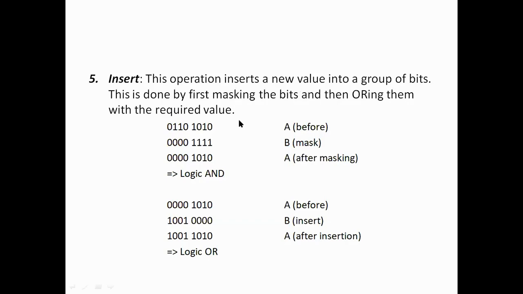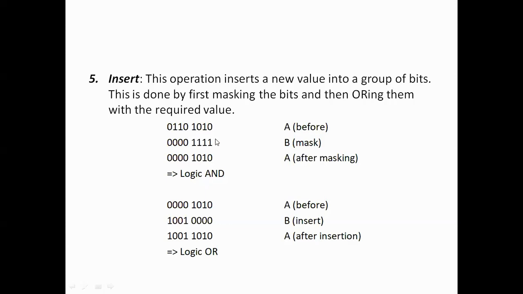Then after making them 0 by masking, we do an OR operation with the thing that we have to insert. So let us say we have a number A, an 8-bit number, and first of all we have to do masking. Let us suppose that the first four bits have to be changed to 1001. So the problem at hand is that this is a number in a register. We have to change the first 4 bits to 1001.